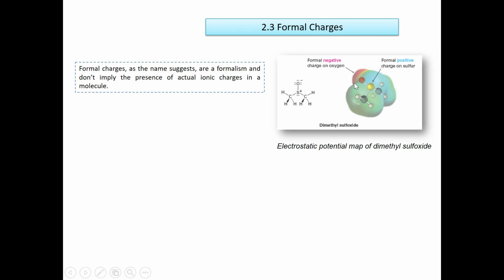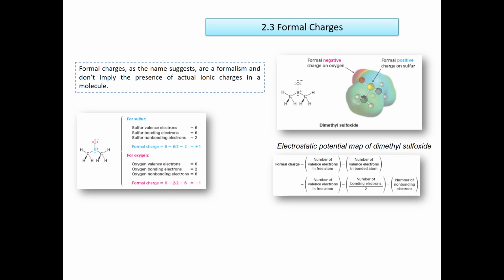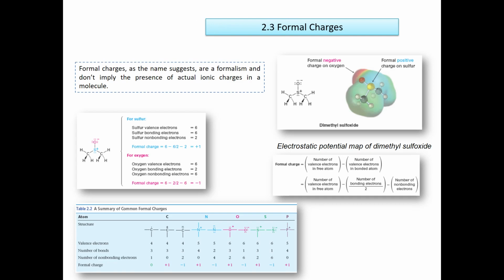But we can also write it as a double bond. That means formal charges are different drawings that allow us to explain a molecule better. They don't exist, but they allow us to explain the behavior of a molecule better.